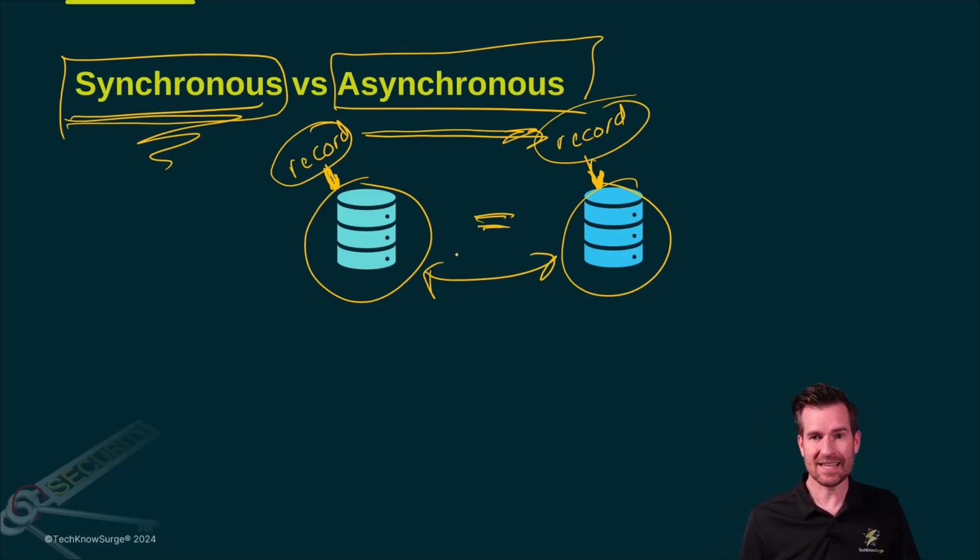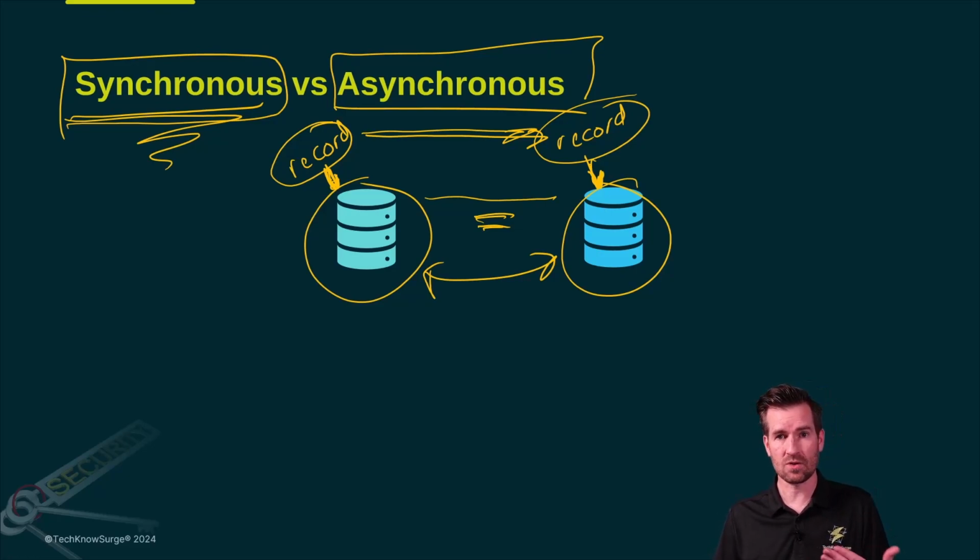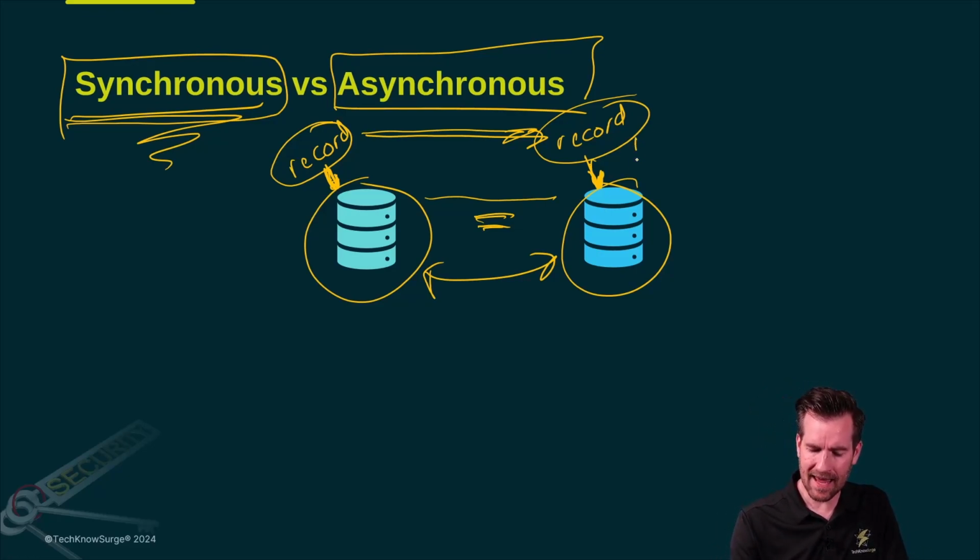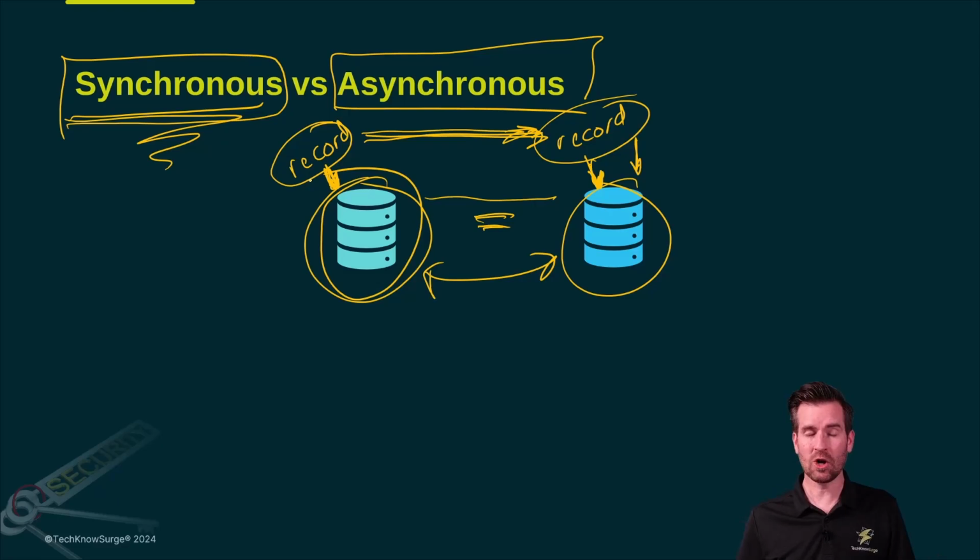The problem is if the connection between these two sites or these two servers is slow, that could cause problems because there could be a delay with this record getting shipped over and a delay with it getting committed. Therefore, this record is being delayed committing to the primary database. So it could become problematic if you have a slow connection.